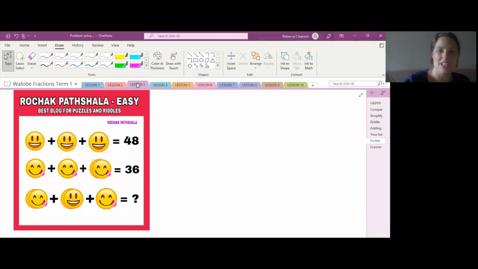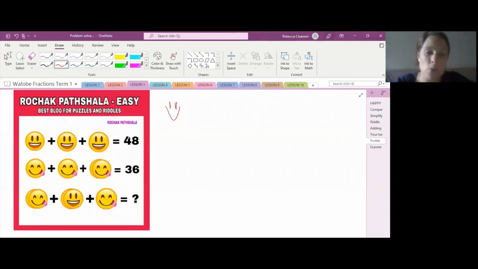Okay, we're going to try and figure this one out. I'll give you a clue. The smiley faces are all for the same amount. When you add 3 of them together, it gives you 48.